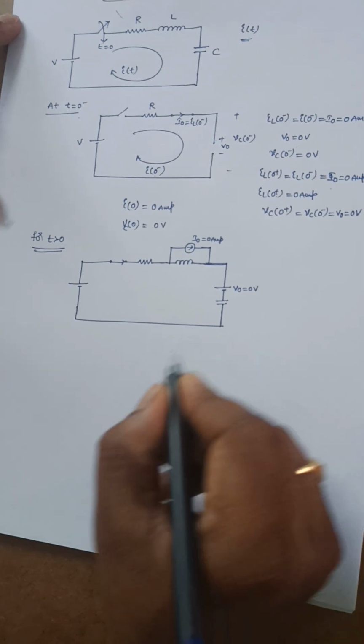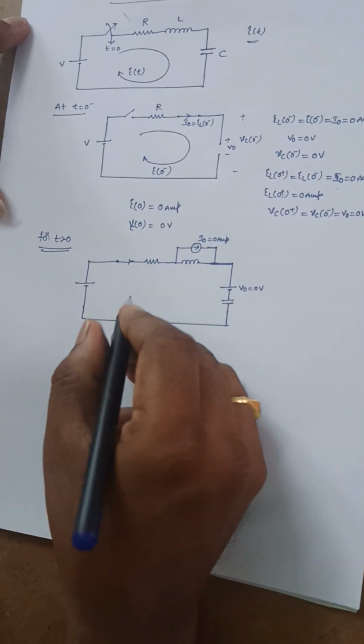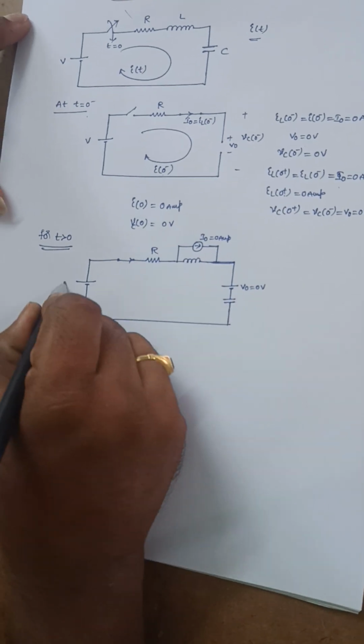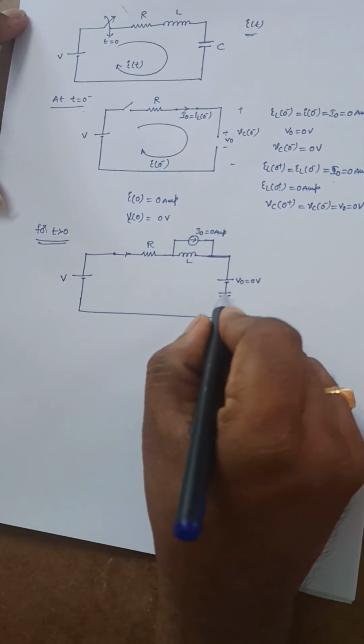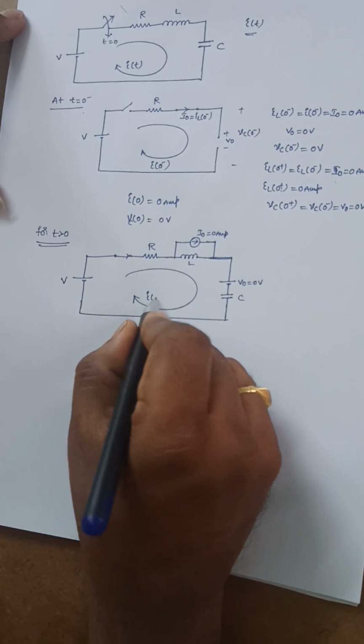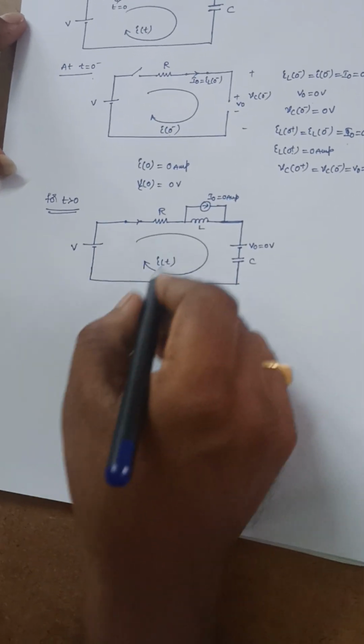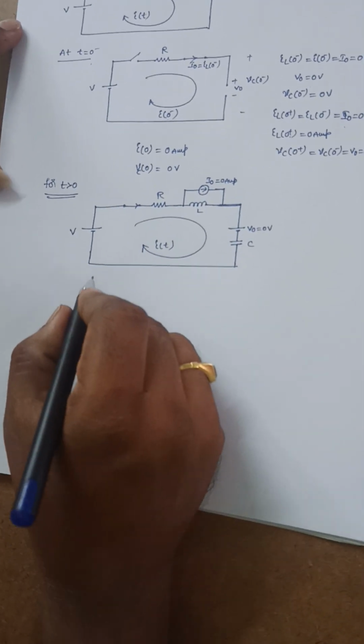So this is the equivalent circuit for t greater than 0. This is the resistance, this is the voltage source, and this is an inductance, this is a capacitance, and this is the current that is flowing through this loop. So consider KVL here, apply KVL.